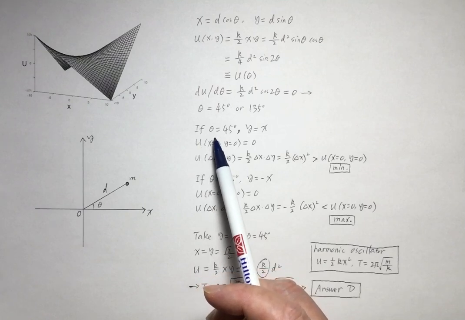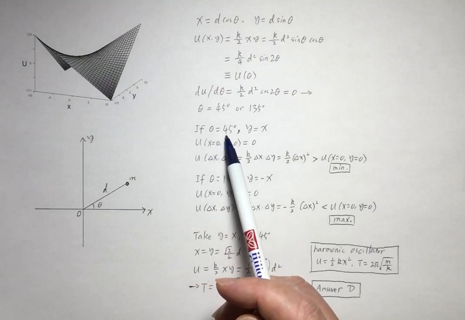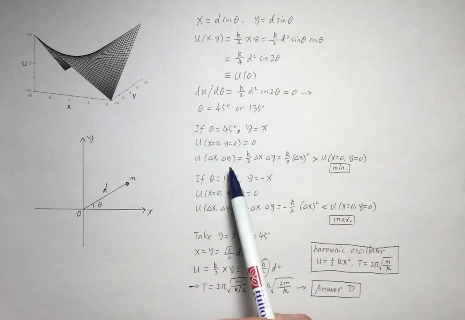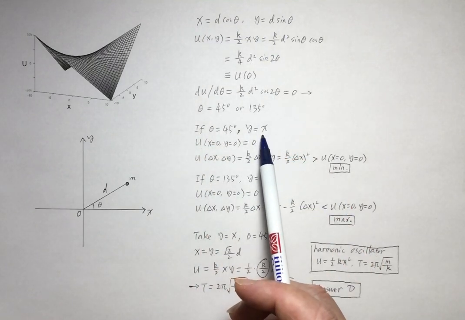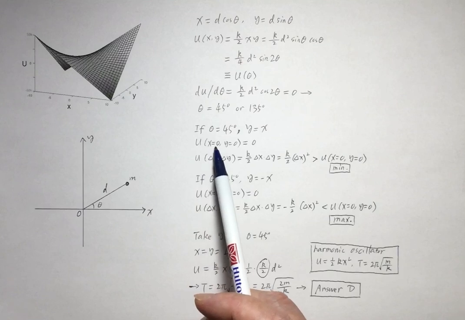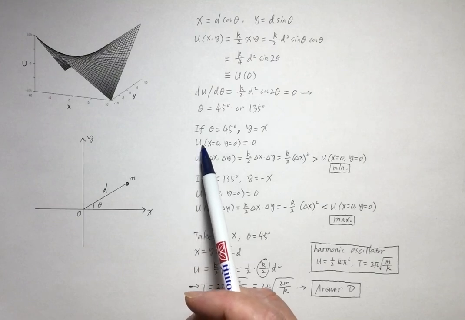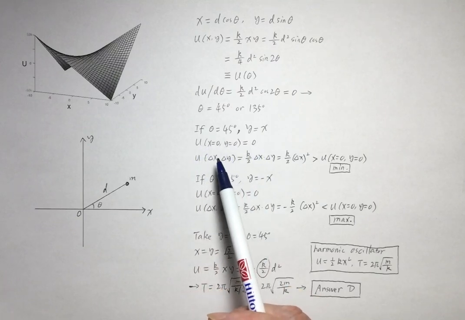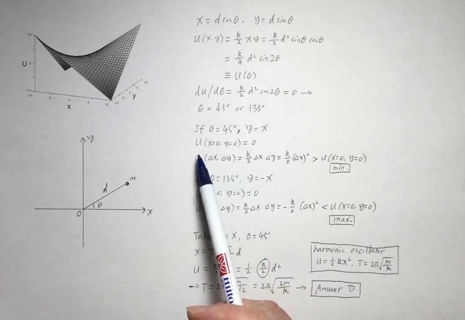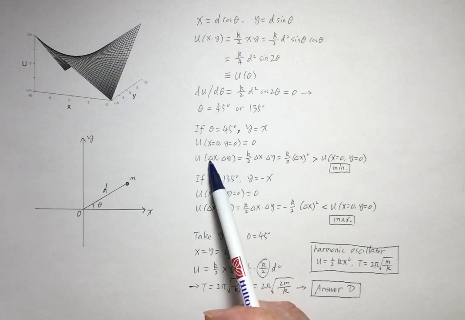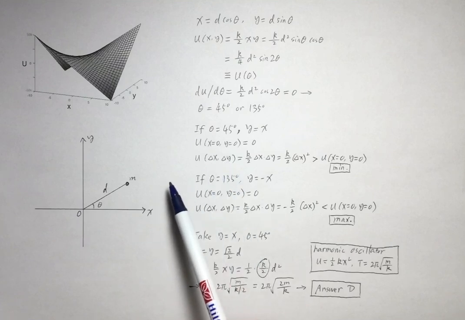Now let's look at theta. If theta equals 45 degrees, then from this expression we know that y equals x. The potential energy at the origin, where x equals 0 and y equals 0, is 0. Now assume that this particle deviates from the origin slightly by delta x and by delta y.